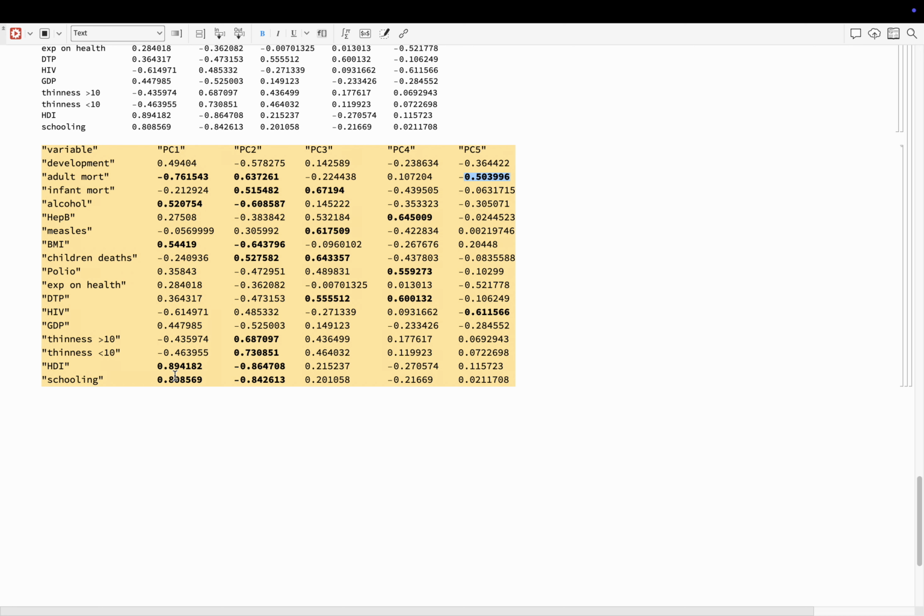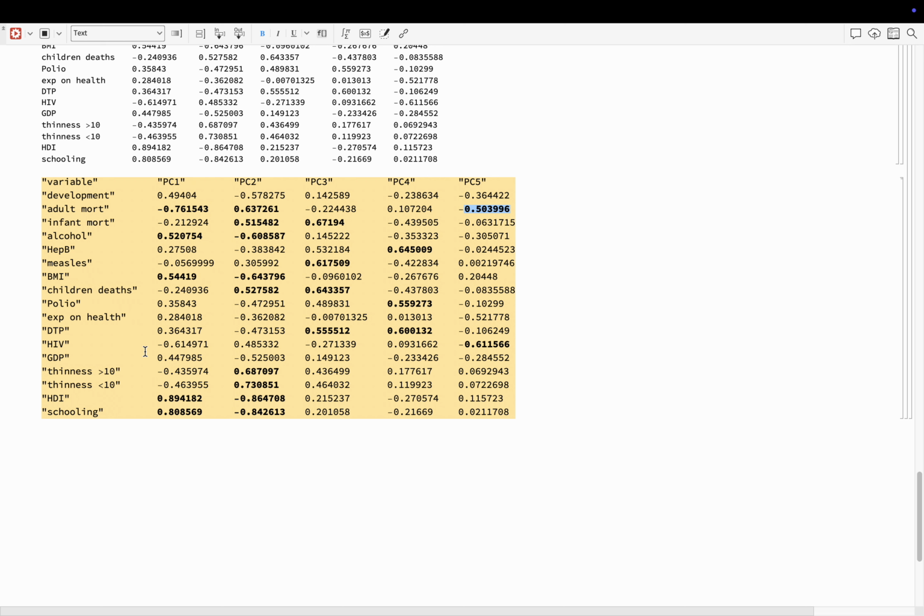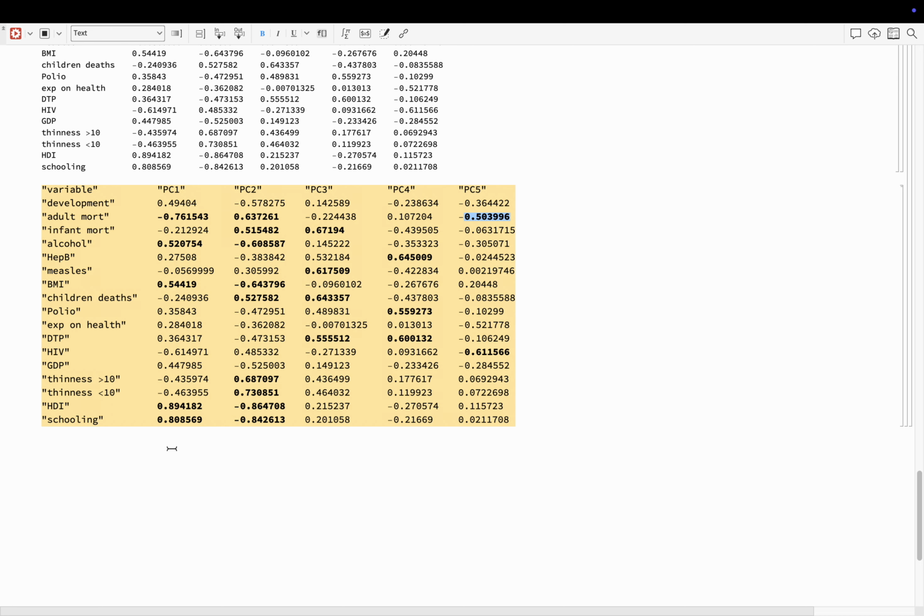The number of years of schooling and this human development index, they are sociological data, and adult mortality. It may be considered health data, but also probably it is somehow correlated with sociological factors like lifestyle. So this first component I will consider to be responsible for sociological factors.